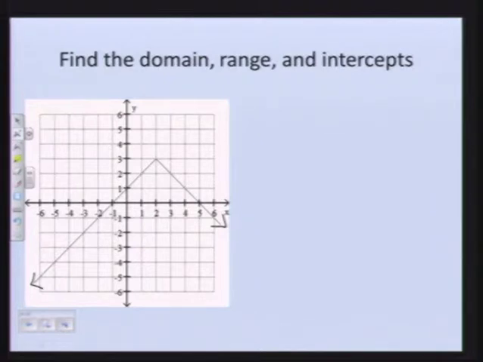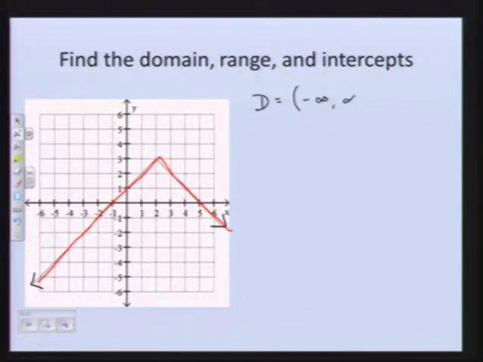I could use my pen to draw from the left side of the graph and continuously go all the way to the other side. I would have one graph. Anytime you have arrows on both ends of the graph and you have a nice solid graph, it doesn't have to be a line, it can be whatever, we say that the domain is all reals.